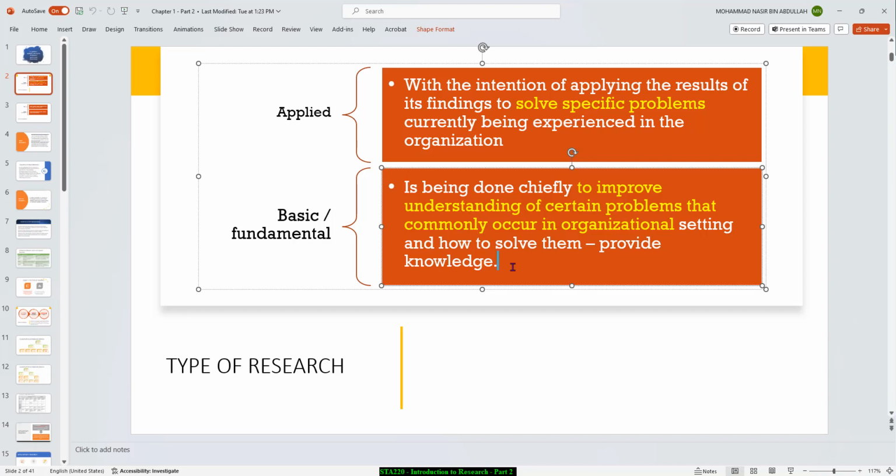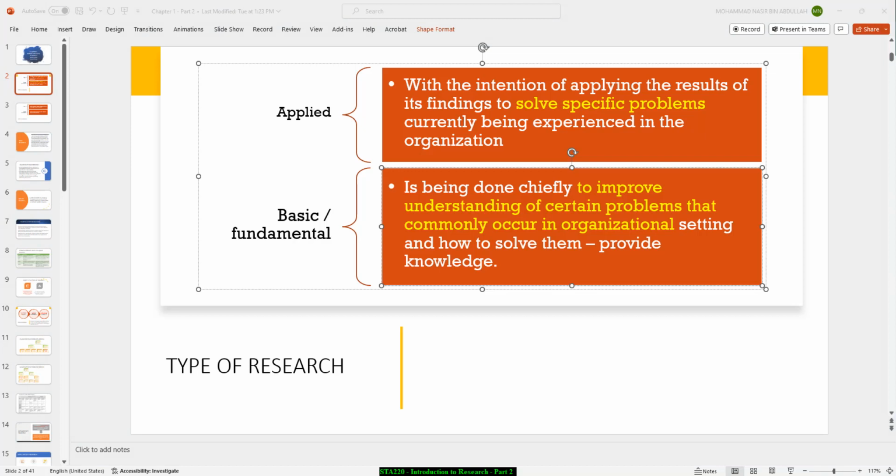We want to identify what is the cause of the problem. We want to identify how to solve the problem. We're not going to solve the problem. We just want to identify, to gain some knowledge, to gain some insight of the problem, right? So that is a basic research, or fundamental research.